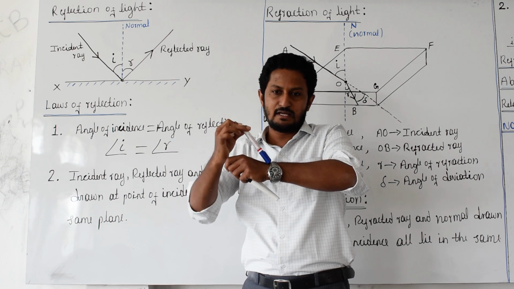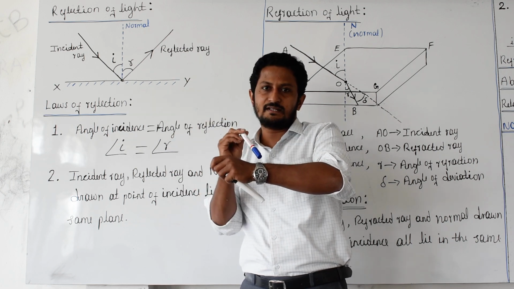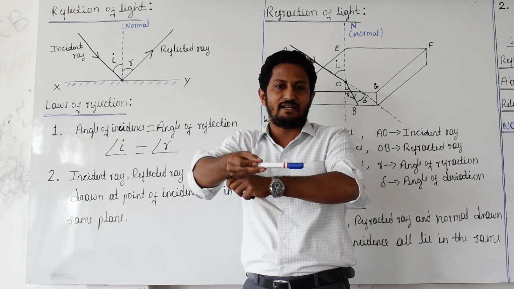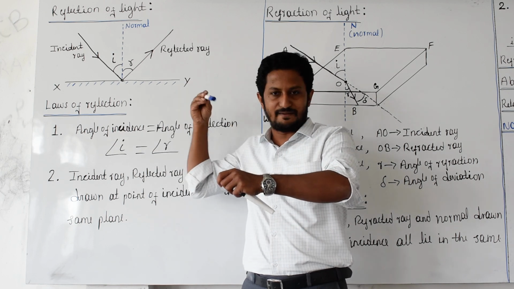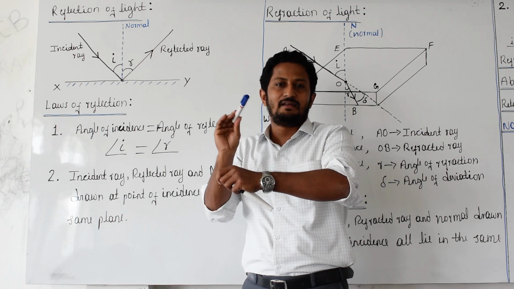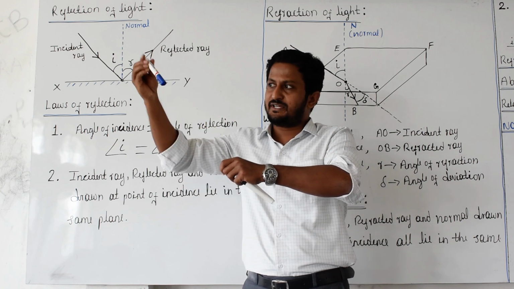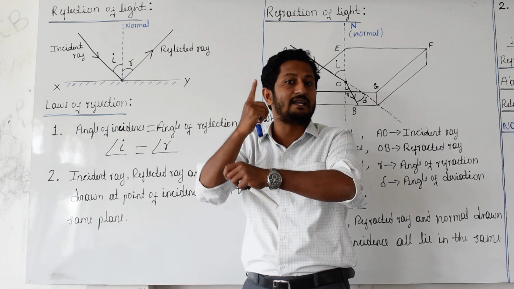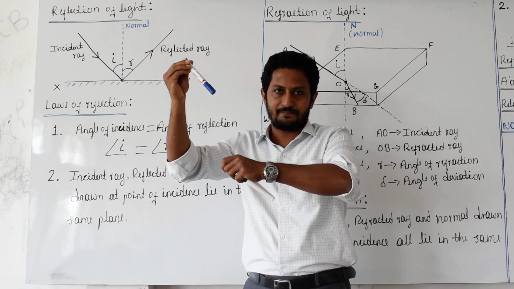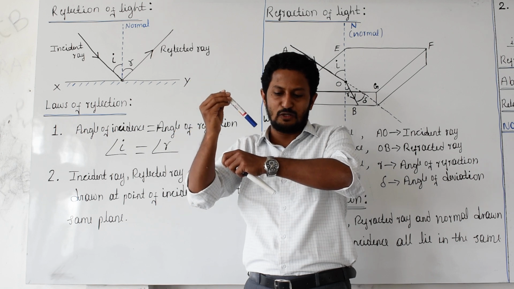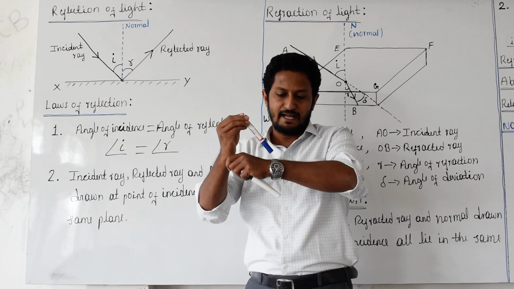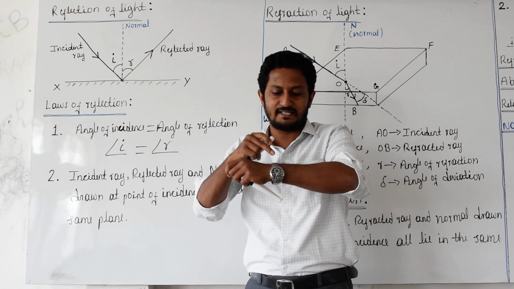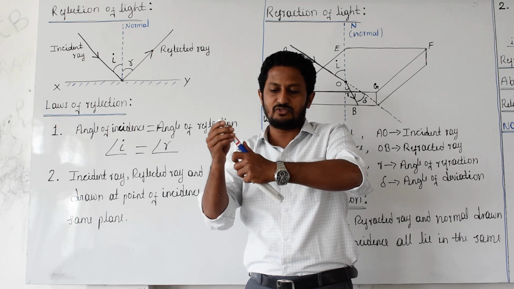Suppose if I take it like this, it is not on xy, not on xz or yz; it is in xyz space. I am not saying that. I am taking this one along the vertically held xy plane. This light ray is coming along this xy plane and striking this interface at this point.